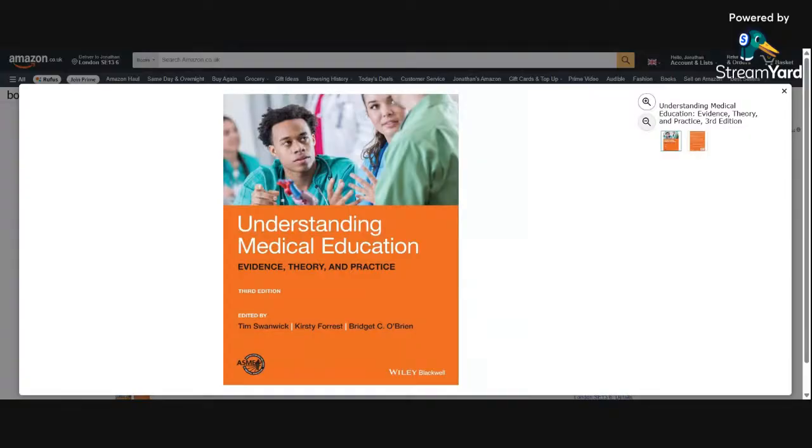You can hear things like surgical education, which tends to be the education of surgeons, gynae surgeons, general surgeons, neurosurgeons, and the like, general practice education or medical education in general practice and the likes. You may also come across the term clinical education, which tends to be more all-encompassing.